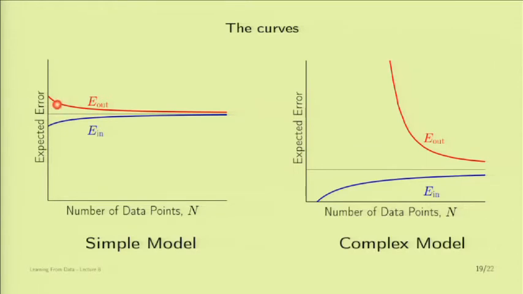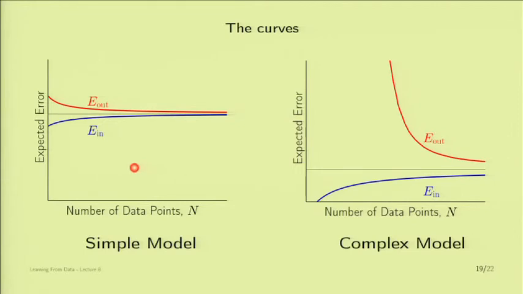This would be that area here, okay? So whether you are taking the difference between the blue and red curve or the difference between the red curve and the black line, that area is smaller here than here. Therefore, the simple model is better as far as the generalization is concerned.